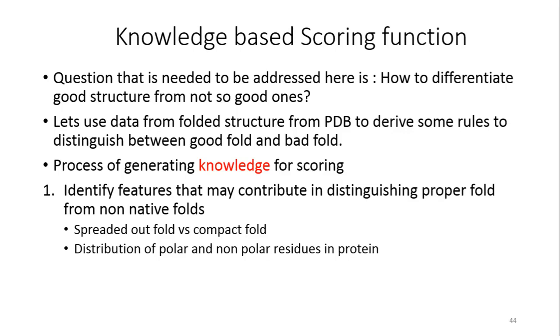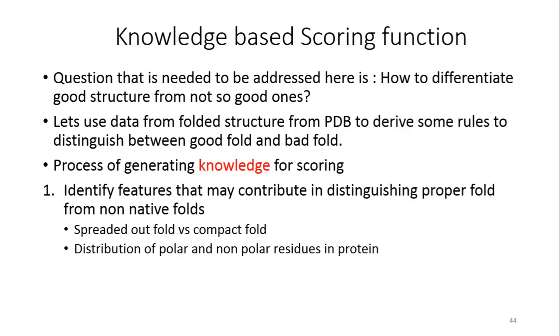We can check the distribution of hydrogen bonding patterns all over the protein or in specific secondary structures. Alternatively, we can check if polar and non-polar residues are properly distributed in the structure. From existing structures we know that non-polar residues prefer to be at the core, while polar residues are usually found on the surface.